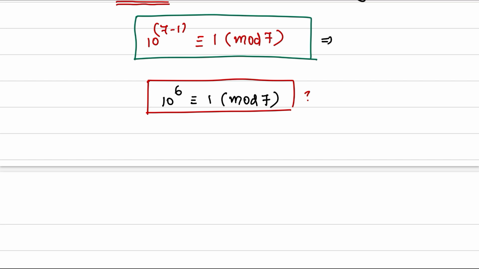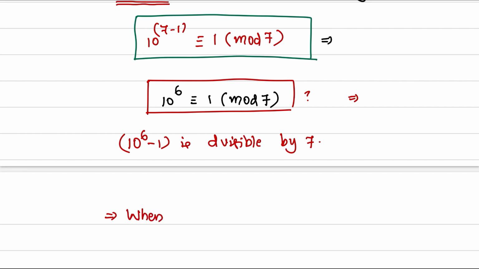It is equivalent, it is not equal to, it is equivalent. 10 to the power of 6 equivalent to 1 modulo 7 means 10 to the power of 6 minus 1 is divisible by 7, or it can also be interpreted as when 10 to the power of 6 is divided by 7, remainder is equal to 1.